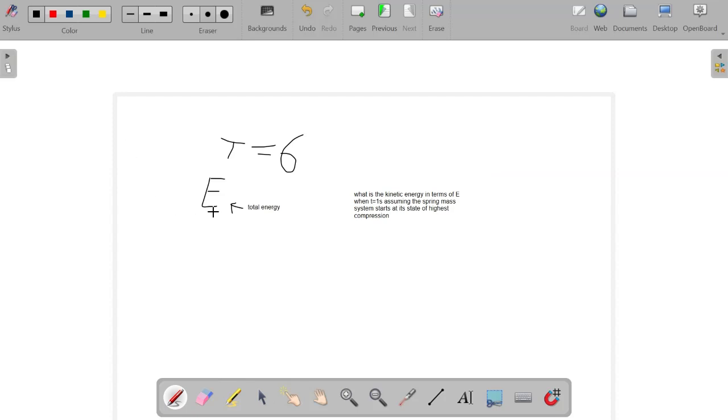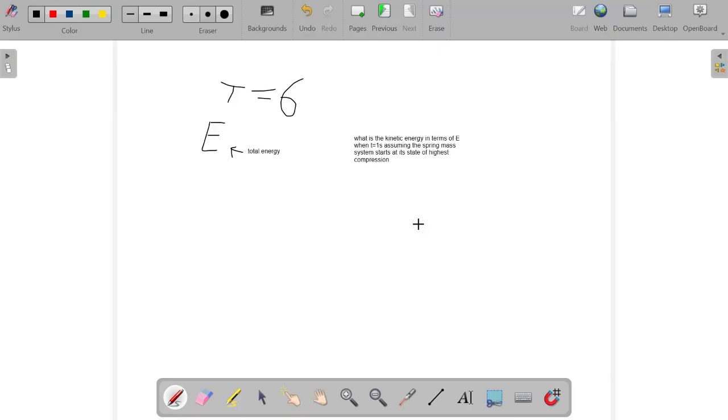So, we're at t equals 1 second, and it starts at its state of highest compression. So, let's say for this one, at least when I solved it first, I drew a circle. This is 360 degrees. And what we know is its motion is going to almost follow the path of the circle, with sinusoidal functions.